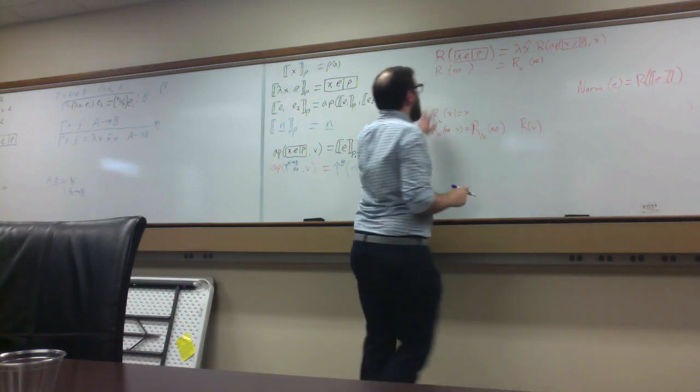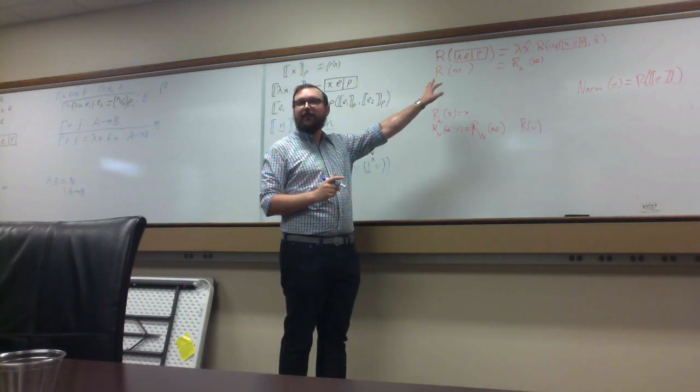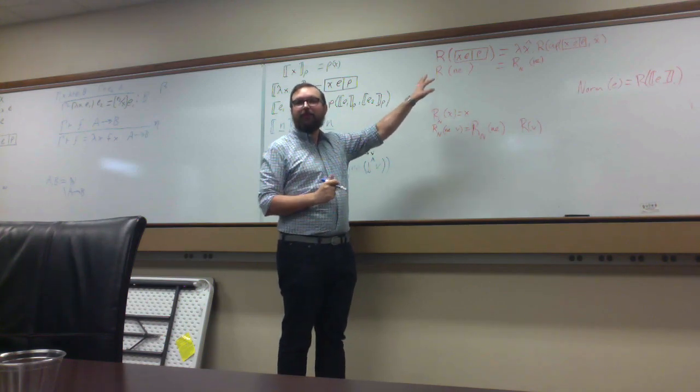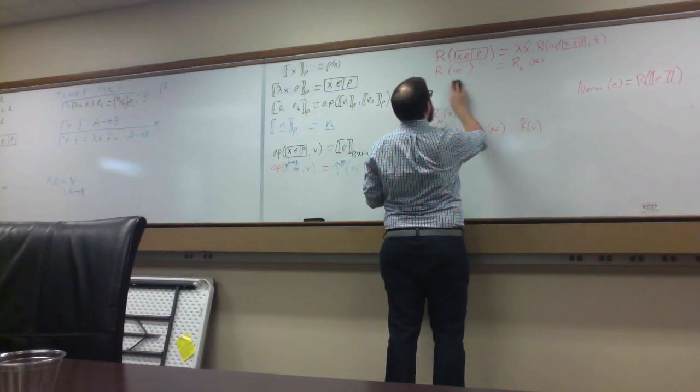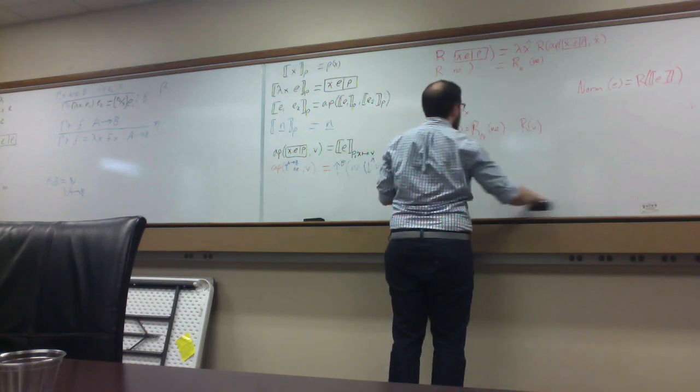And now we're going to change R so that it's reading back normals rather than values. In other words, these things are all going to have a down arrow saying what type they have.